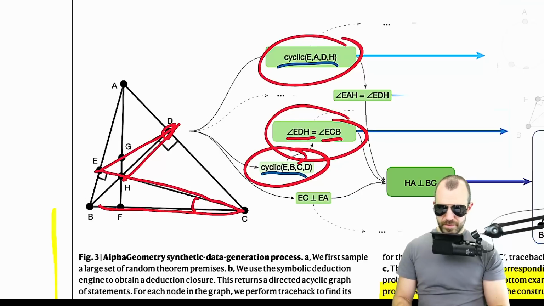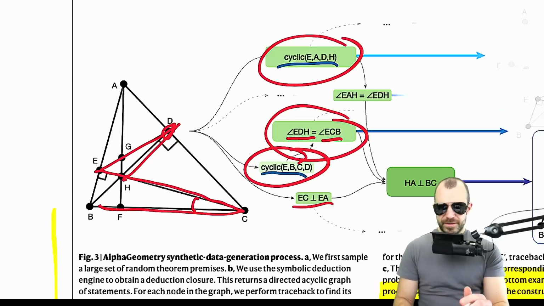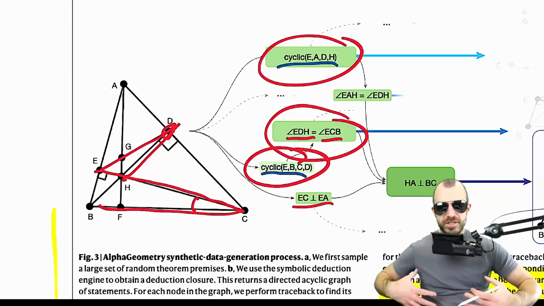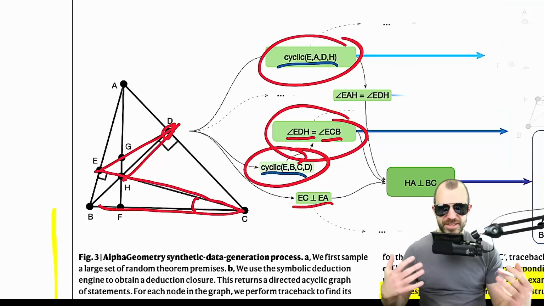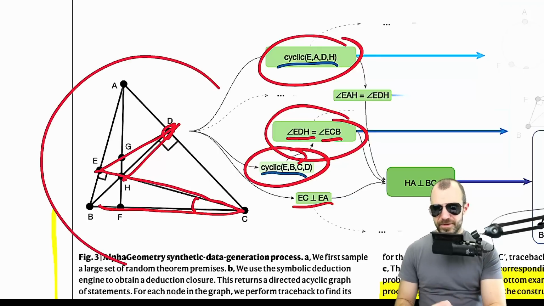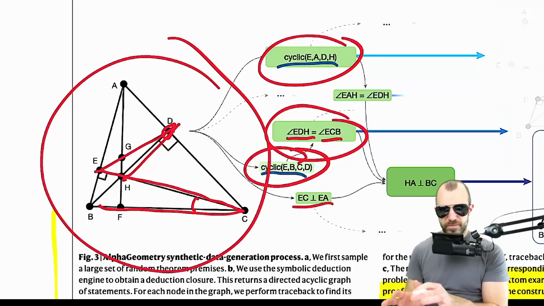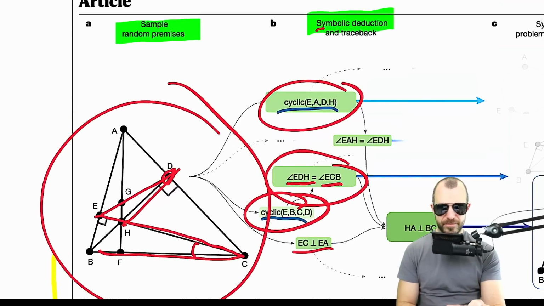Maybe it's just the angles that are equal. You can deduce that some things are orthogonal. You get the point, right? So you can deduce things, and from the things you deduced, you can deduce other things, and you just do that until you've exhaustively made all the possible non-trivial statements you can make about the things that you start with right here. Okay, that's step 2. That's symbolic deduction.